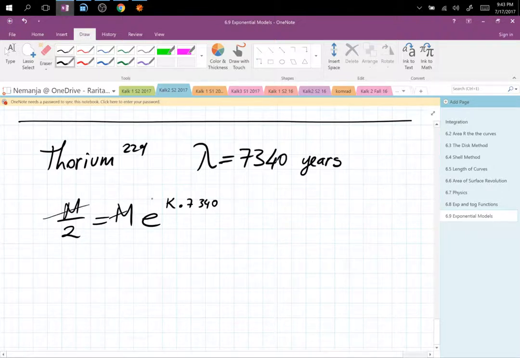M's drop. We ln both sides. So we get ln of 0.5 divided by 7,340 to get K, which is negative 0.00009443.